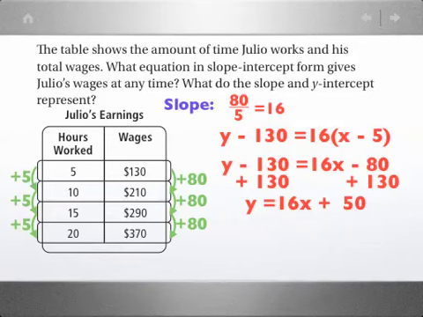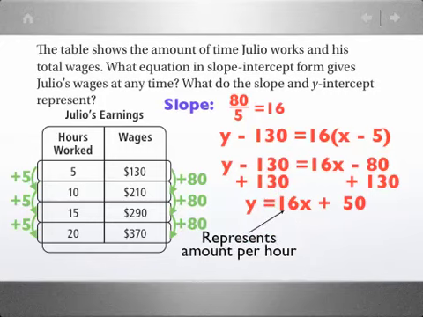The last question says, what do the slope and y-intercept represent? If you think about Julio's earnings, the hours worked, and his wages, the slope, or the 16, if you remember, we put the increase in wages over the increase in hours worked, and when we divided those two, we got 16, which means that for each hour worked, he is going to make $16 per hour.